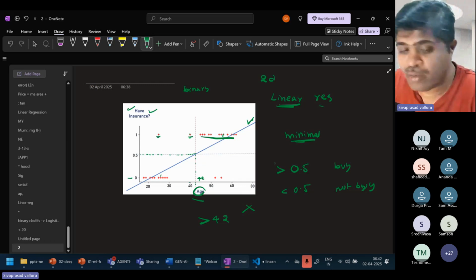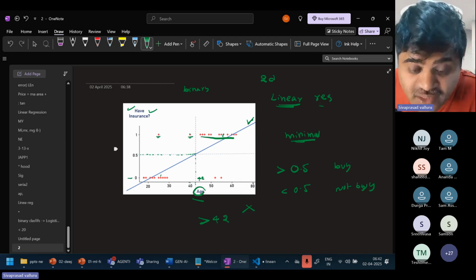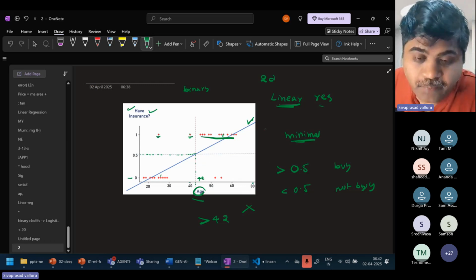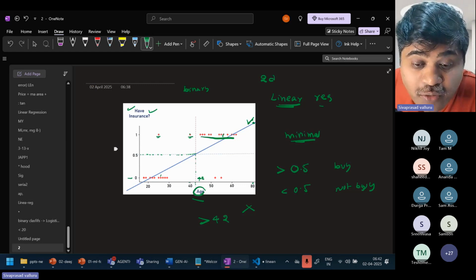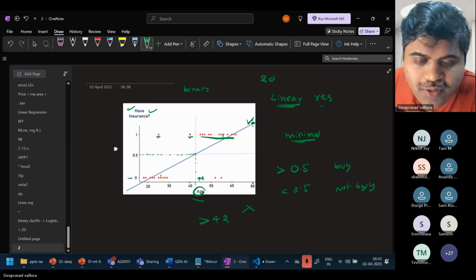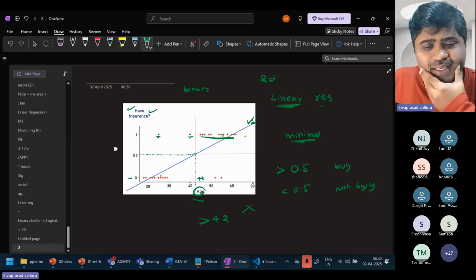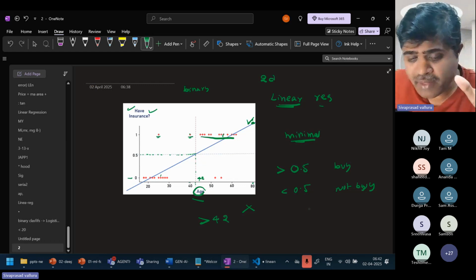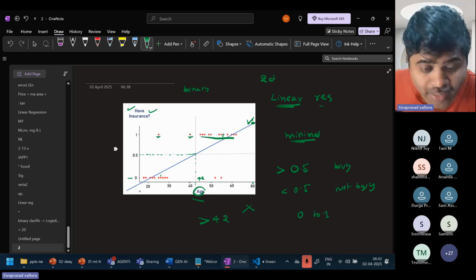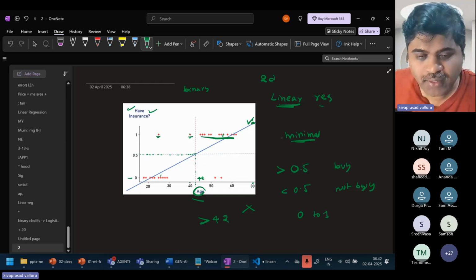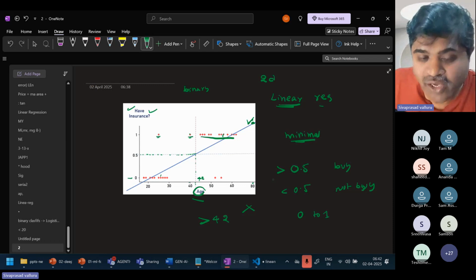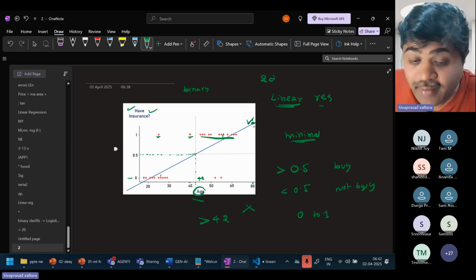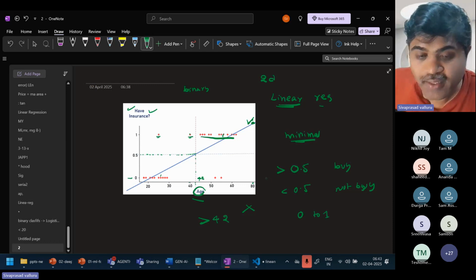So this doesn't look perfect. And also one of the problems is for a person with age 80, you can see the value is greater than 1 also. Actually, I want probabilities between 0 and 1 only. If I draw a line, it is continuous. I can even predict for age 200 what the probability of buying an insurance is. It will say that for age 200, the person will buy an insurance.